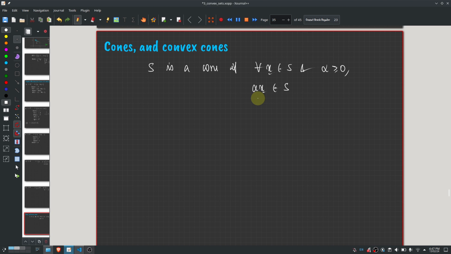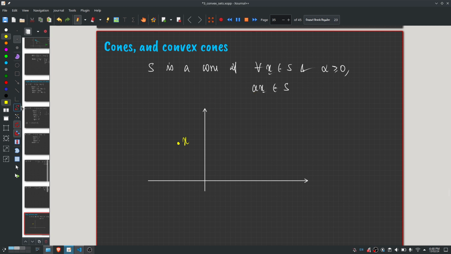So geometrically, let's take R2 or Rn. What does this mean? Suppose I take a point x, right? Let me take a point over here. This is my x. What is the set of all alpha times x, for alpha greater than or equal to 0?